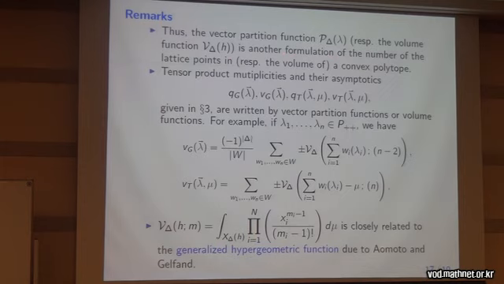And the tensor product multiplicity I defined in section 3, Qg of lambda or Vg of lambda, etc., are written by vector partition functions or volume functions like this. A final remark is that the integral of a function of this form is closely related to the generalized hypergeometric function due to Aomoto and Gelfand.